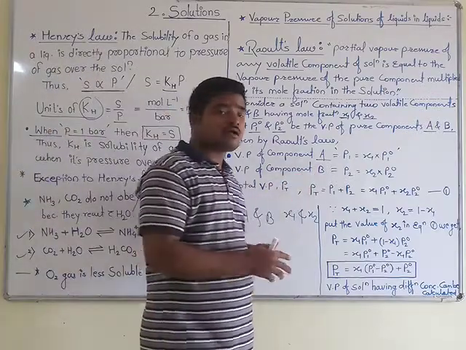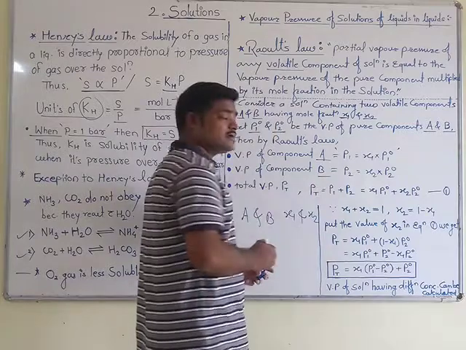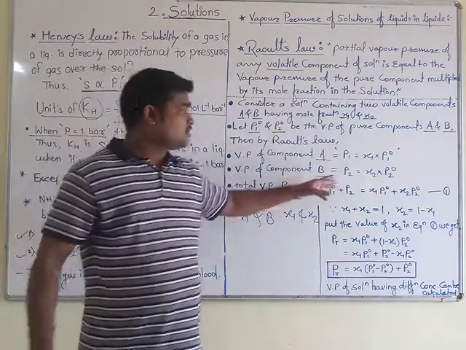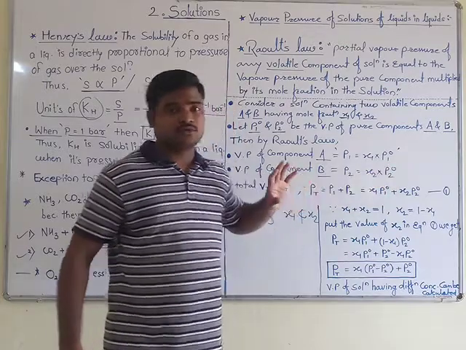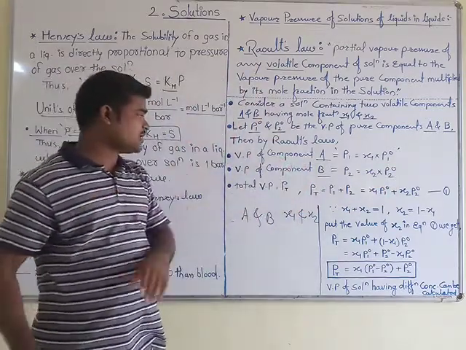Like that, for component B also we can write the equation: P2 is X2 into P20. According to the Raoult's law statement we have written.